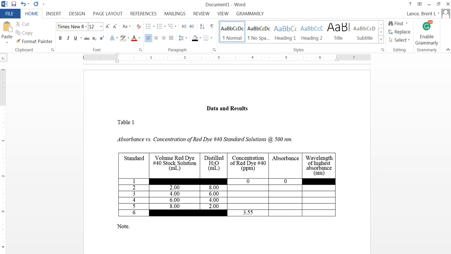You put "Note." and then you type out: standard number 1 was pure distilled water, and standard number 6 was the original red dye number 40 stock solution.